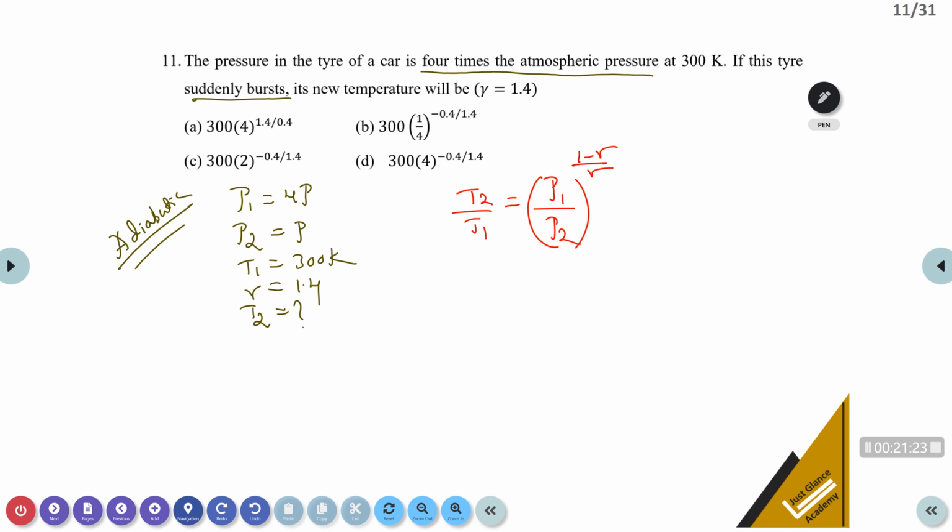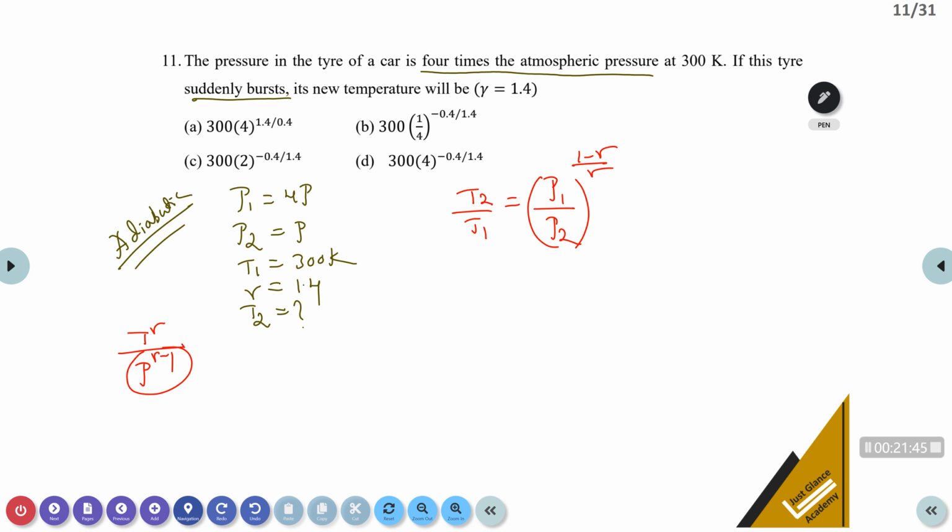This is the relation. Or else, T raised to gamma divided by P raised to gamma minus 1, like this also you can write it. If you bring it to the numerator, this becomes 1 minus gamma.